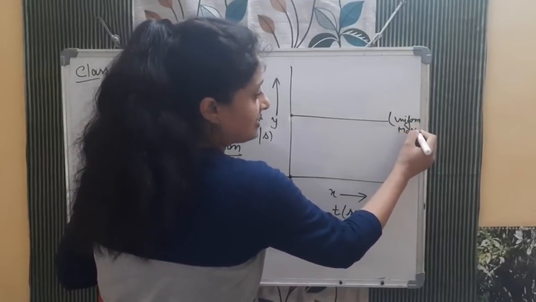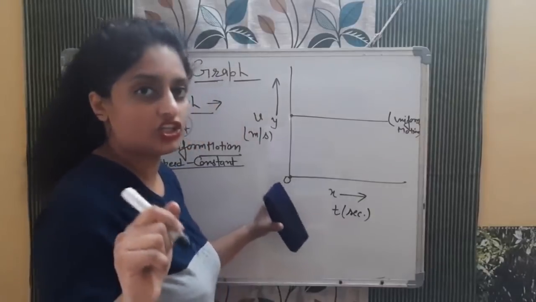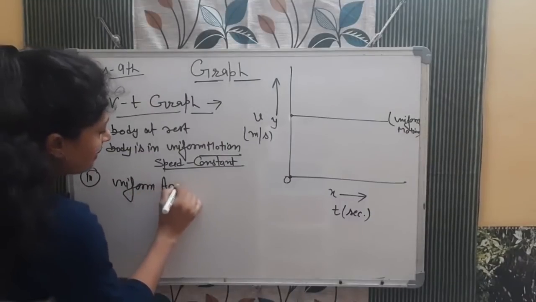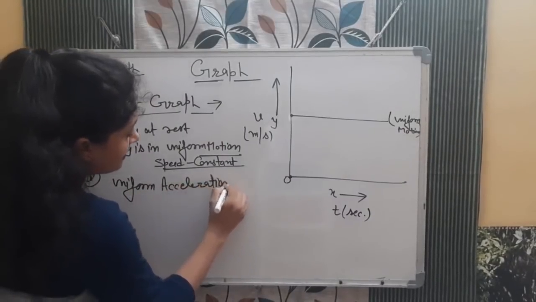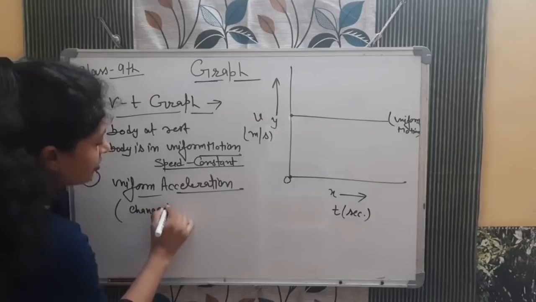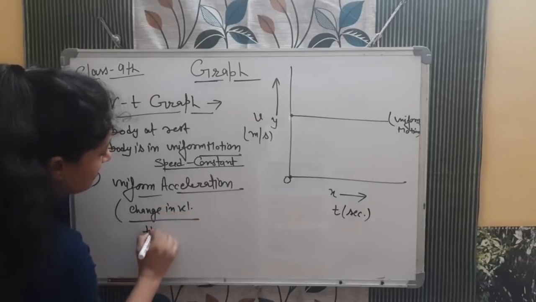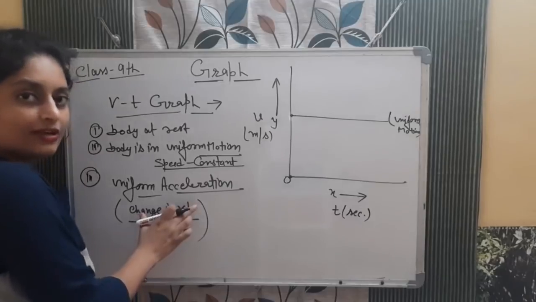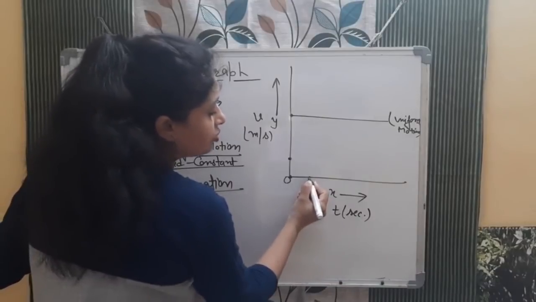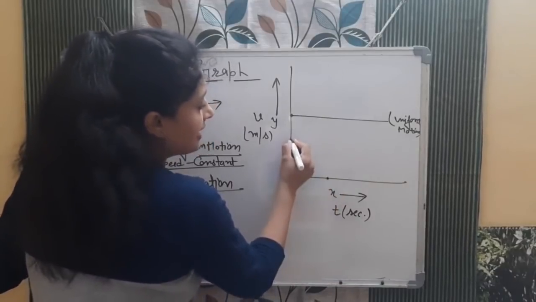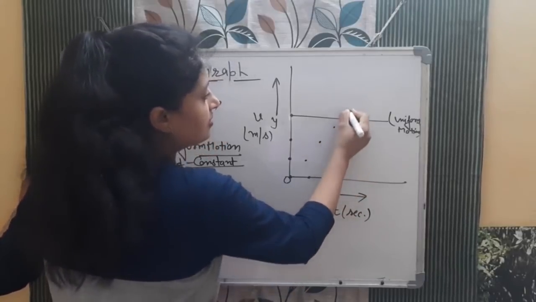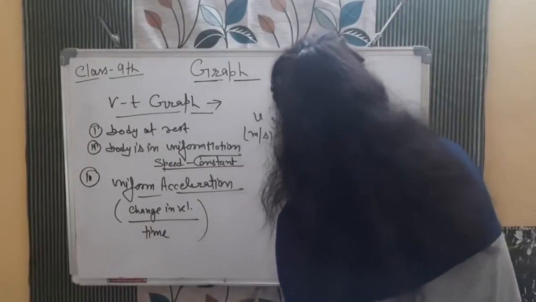Okay. If I say the object is moving with uniform acceleration, remember. Uniform acceleration means change in velocity, because what is acceleration? Change in velocity divided by time. So if there is an equal amount of change in velocity in equal intervals of time, that is, if I am covering 2 meter per second in 2 seconds, then in the next 2 seconds the next 2 meter per second. So this dot will come here, then this dot here, and when we draw the graph it will be like this.